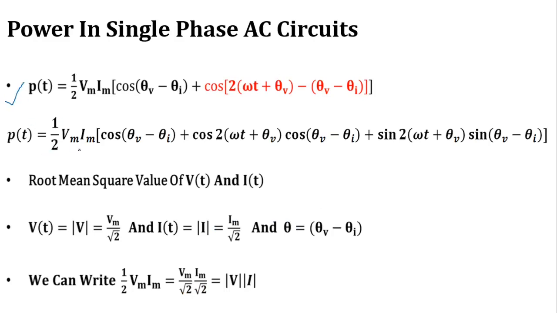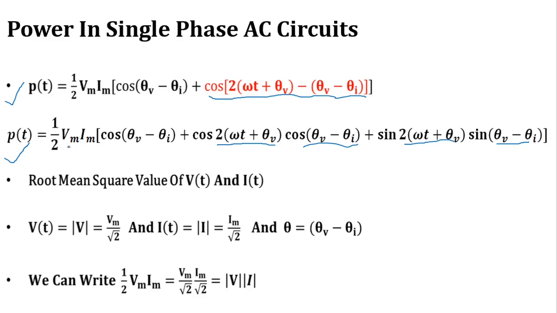This 1/2 Vm Im will remain the same, cos(theta v minus theta I) will remain the same. Here we have to simplify this cos(A minus B), so this is cos A into cos B plus sin A into sin B. So finally we are having this equation of instantaneous power in single phase AC circuit.